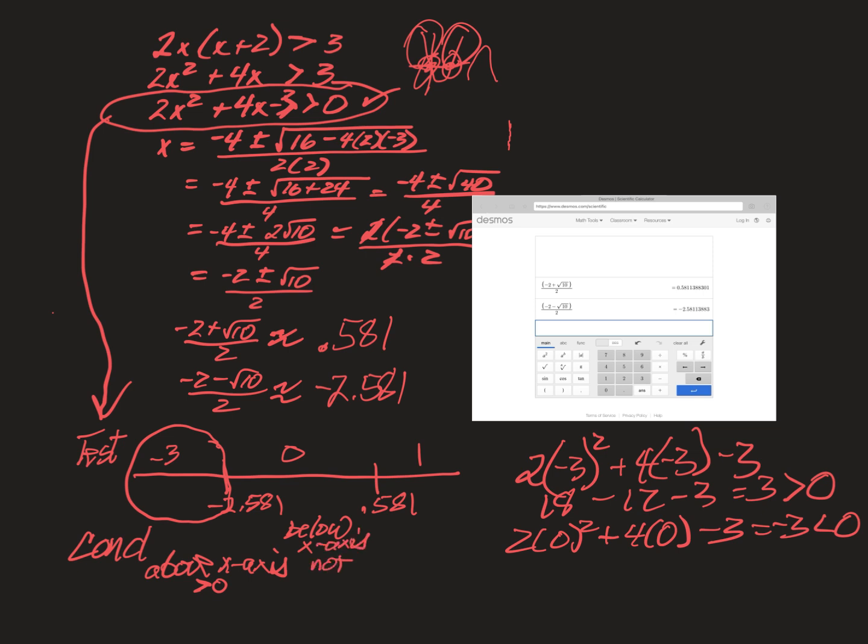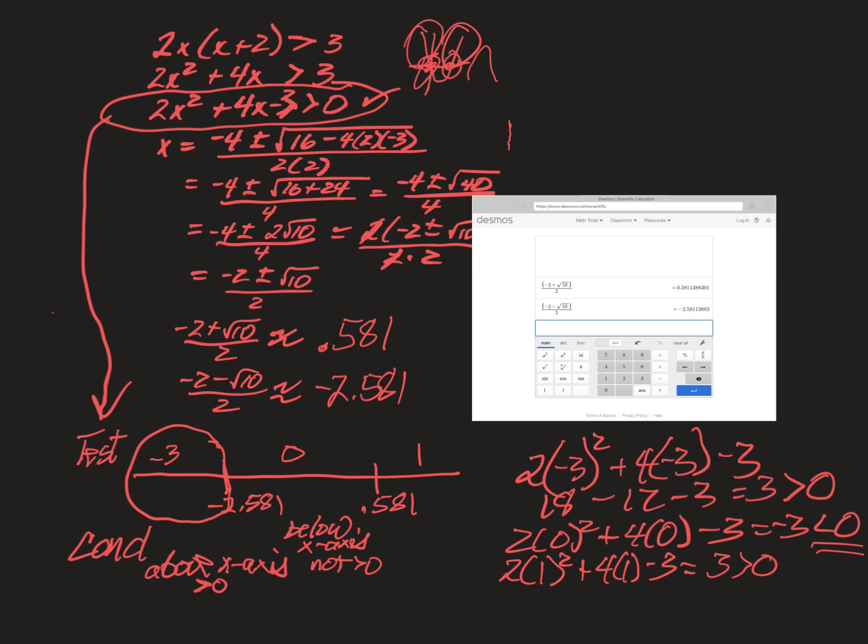Not greater than 0, because it's actually less than 0. And then we check our final value of 1. 2 times 1 squared plus 4 times 1 minus 3 is equal to 2 plus 4 is 6, minus 3 is 3, which is bigger than 0.